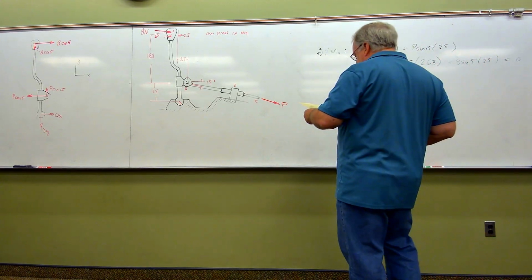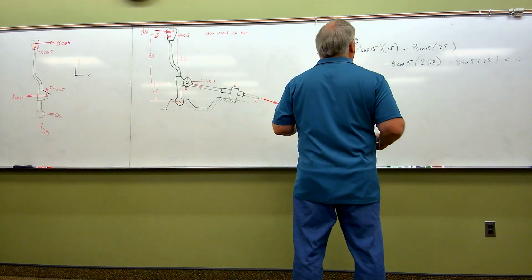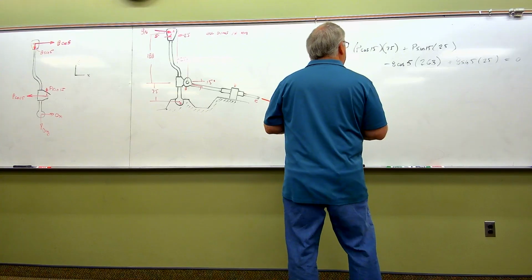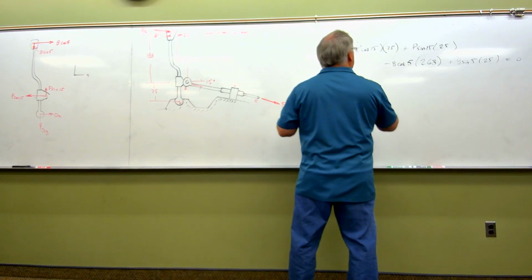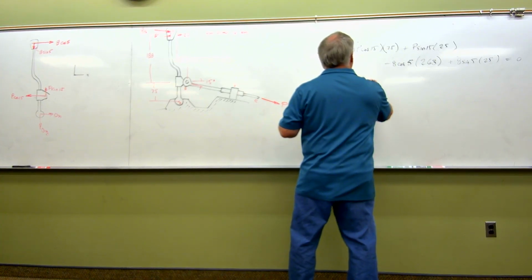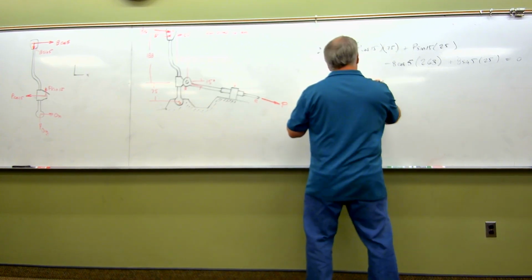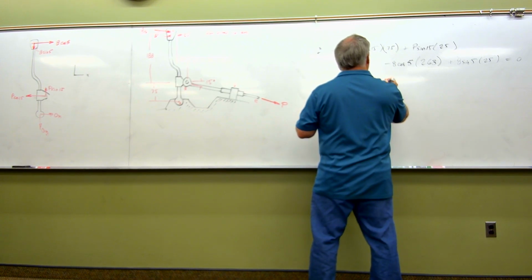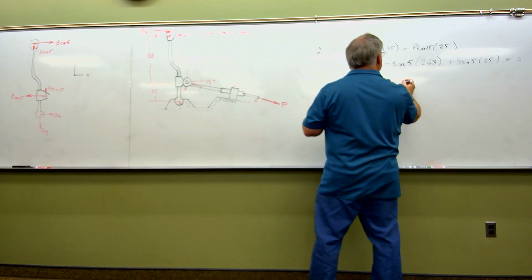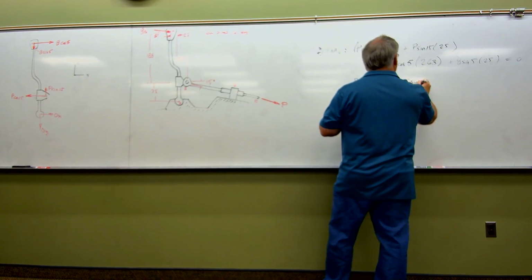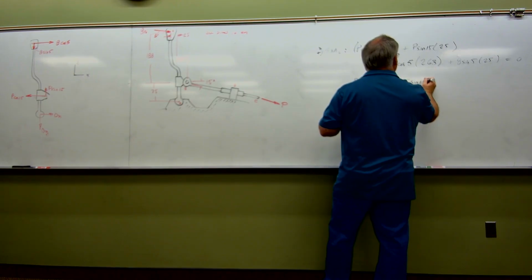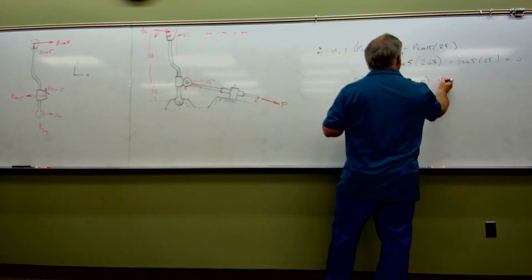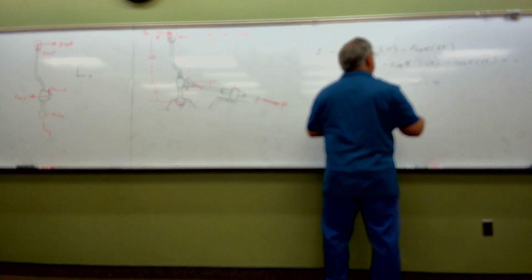It's going to go something like, let's see here. I can combine some stuff here. So I'm going to have P times all this stuff: 75 cos 15 plus 25 sine 15. That's going to be equal to, when I move this to the other side, the equal sign becomes positive.